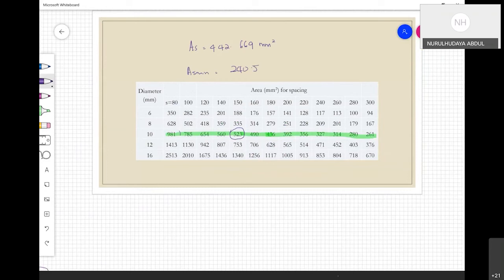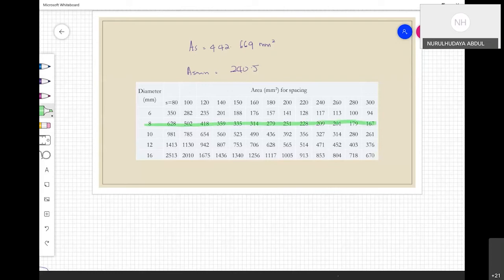Okay, dan tak ada requirement that you have to use size apa-apa sebab bila AS minimum ni yang dia bagi, dia kata dalam soalan tu adalah untuk main steel. Okay, AS minimum tak ada requirement untuk pakai size apa-apa. Okay, jadi I boleh select any number. So mungkin lah I can select like R8, P8.